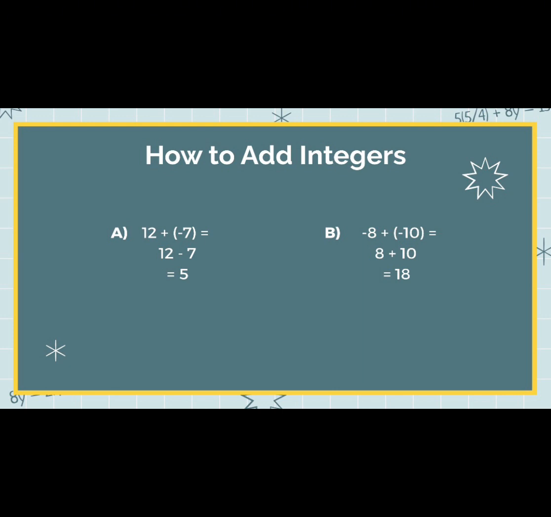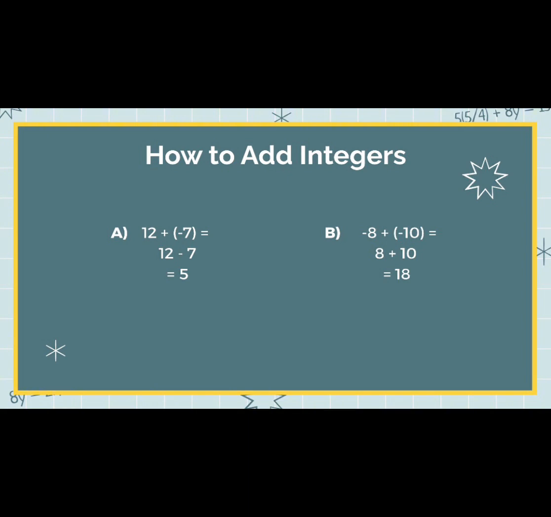The absolute value of negative 8 is 8, plus the absolute value of negative 10, which is 10. Now we add those absolute values because again we have the same signs. 8 plus 10 is 18. We use the same sign from the original problem. Those are negatives there, so our answer is negative.